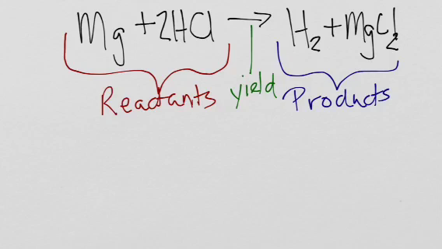Notice how on this side of the equation, I have Mg. What other substances do I have? I've got some H, and I've got some Cl.